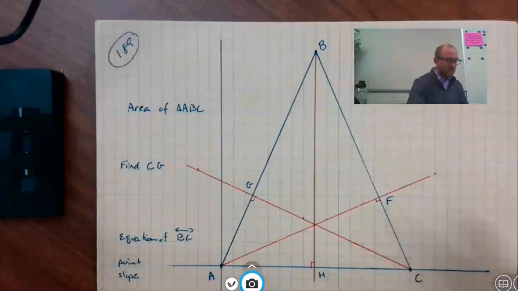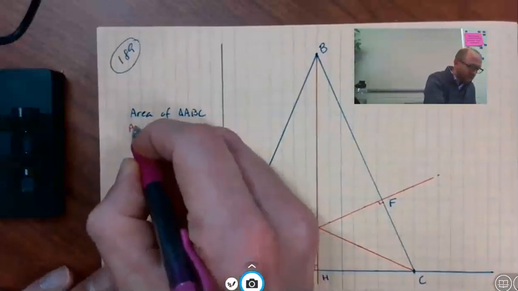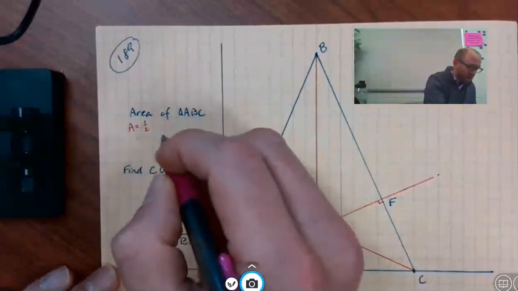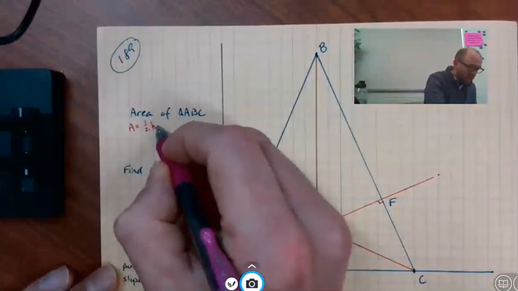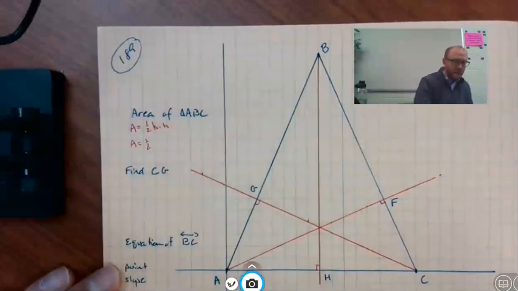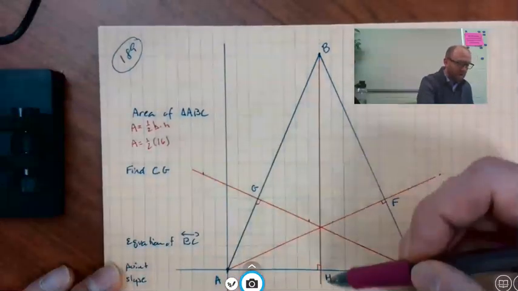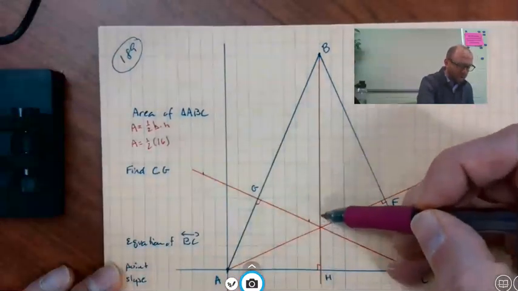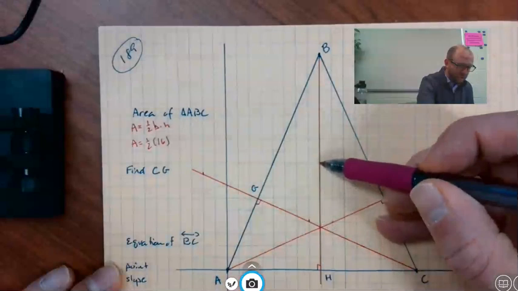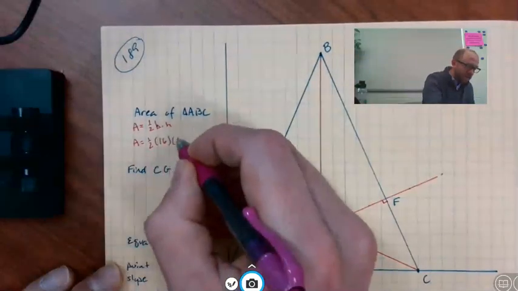Okay. So let's start by finding the area of this triangle, right? So the area of the triangle is area equals 1/2 base times height. That's 1/2. Our base is 1, 2, 3, 4, 5, 6, 7, 8, 16. And our height is 1, 2, 3, up to 18.